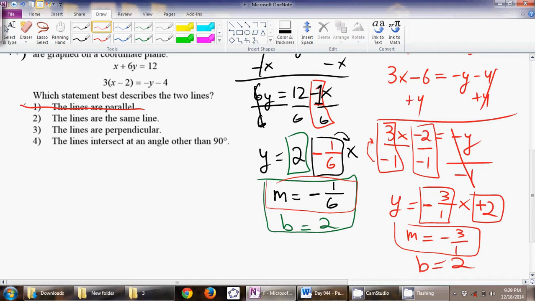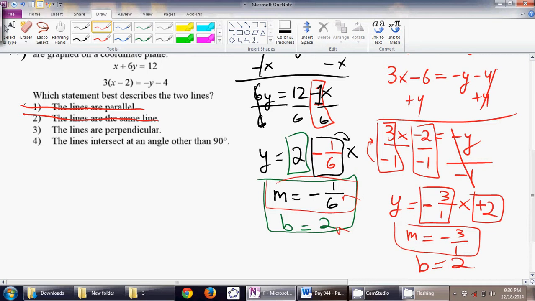If your slopes are different, when you look at the equations, they're going to have different coefficients on the x's, right? If lines are the same, their slopes have to be the same and their y-intercepts. Yeah, we got part of it, but not both, okay? So I can immediately rule out the same line.